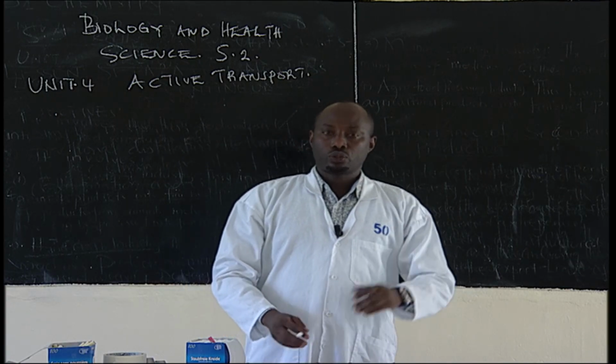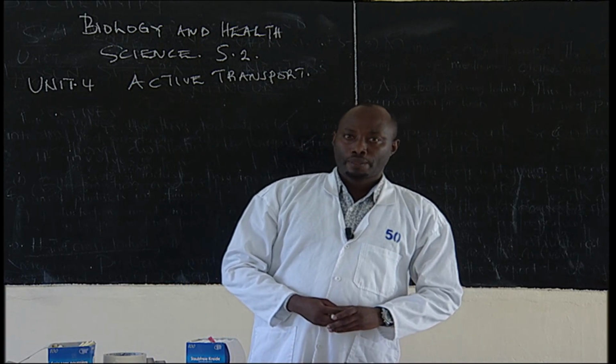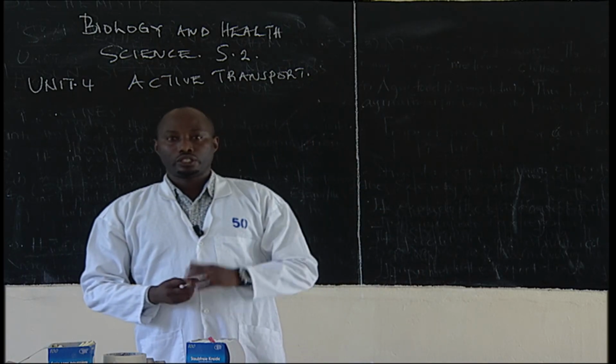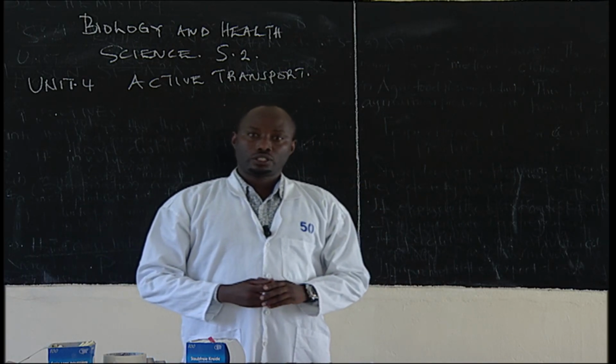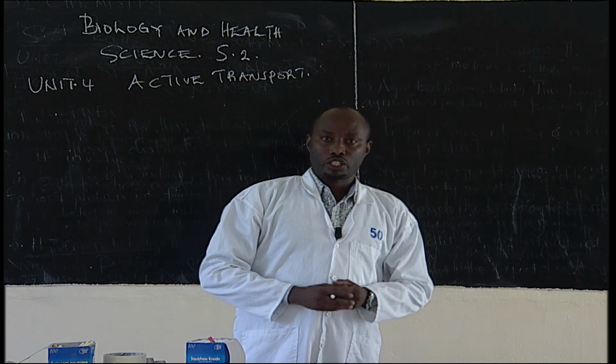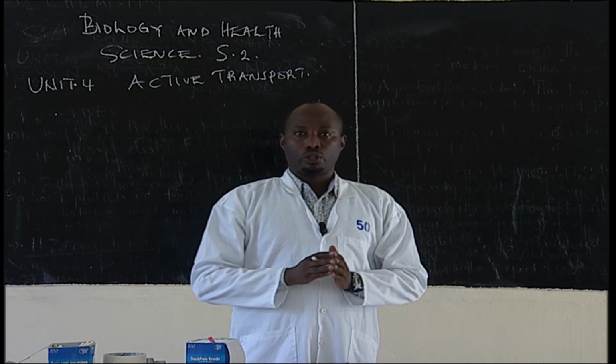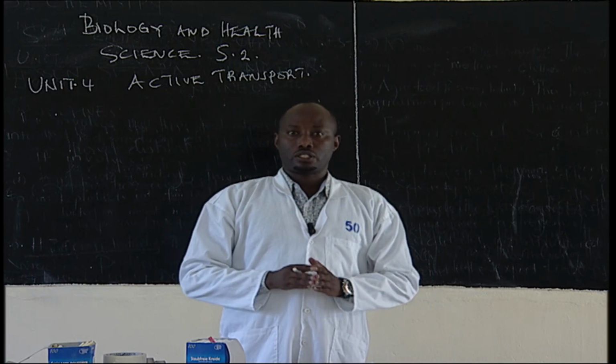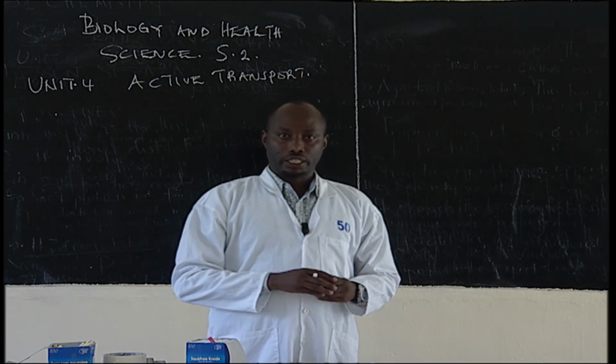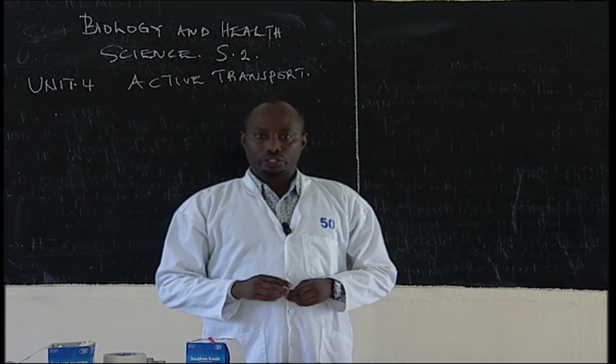So now today we're going to talk about active transport. Think about it, and you tell me, what is active transport? What do you understand by active transport? Most of the time when we talk about active transport, it is against the concentration gradient, not down the concentration gradient.